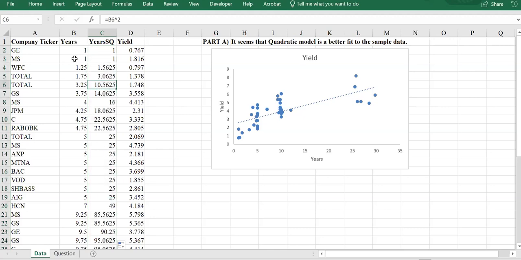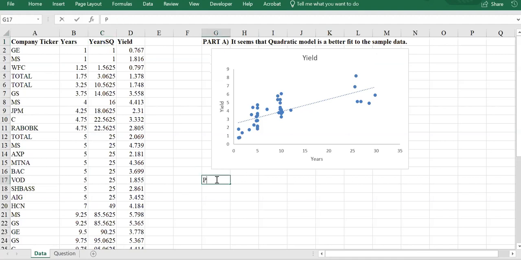Now for each year to maturity, I have years squared. Obviously there's going to be multicollinearity between years and years squared, but if we get p-values that are less than 5% for both of them, then we don't worry about multicollinearity.